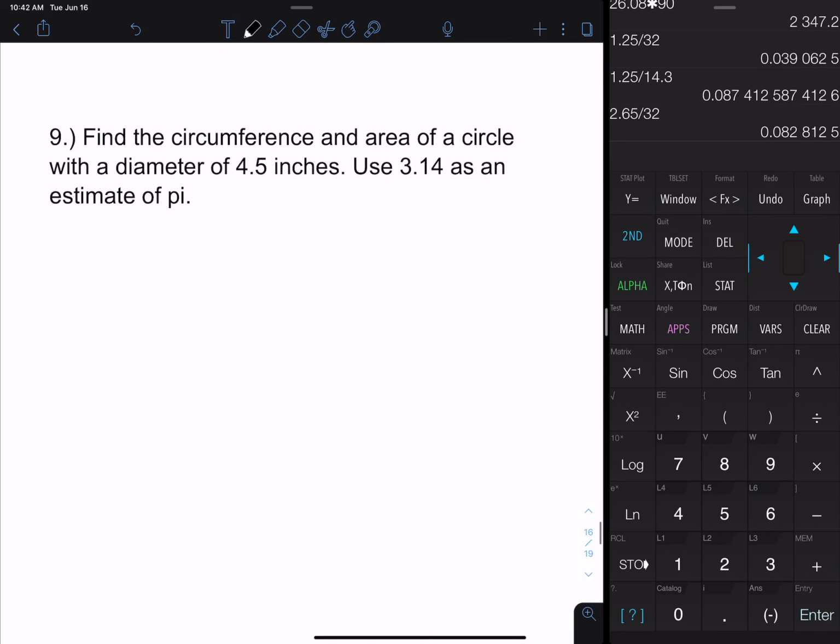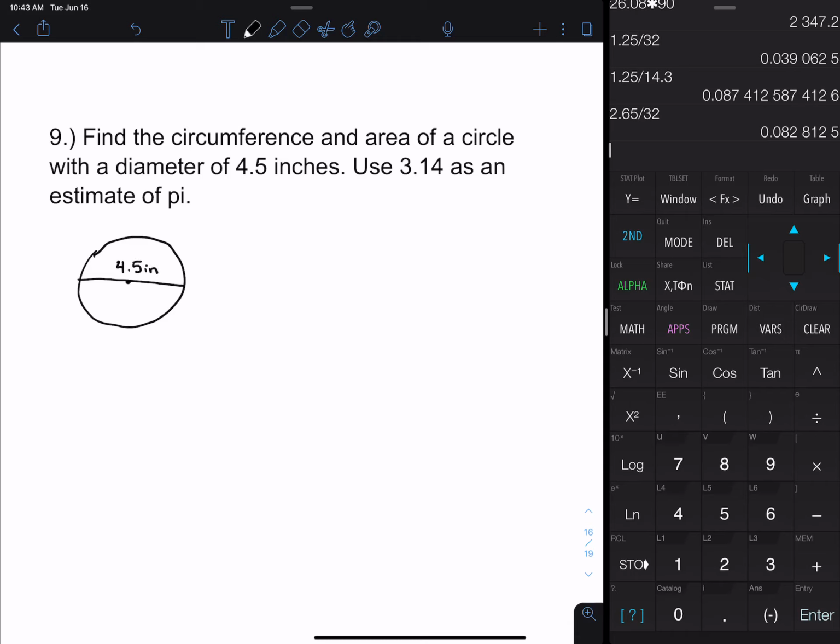Let's look at another example. It says find the circumference and area of a circle with a diameter of 4.5 inches. Use 3.14 as an estimate of pi. So if we're thinking about the circle, right, they're telling us it has a diameter of 4.5 inches. So diameter goes from edge to edge.